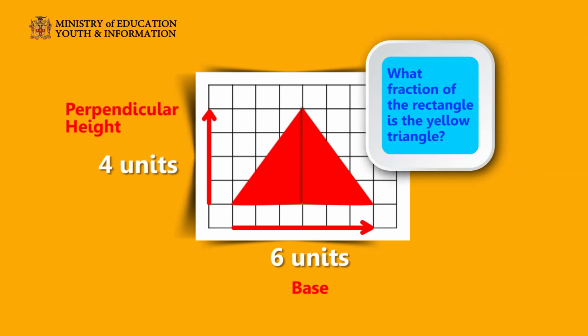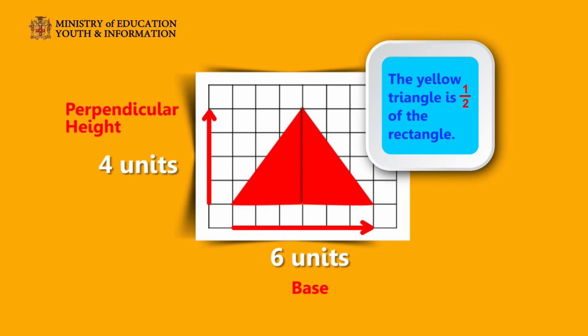Now, what fraction of the rectangle is the yellow triangle? Yes, it would be a half of the rectangle. You would have realized that the two red triangles completely overlay the yellow triangle, which means they have the same area.